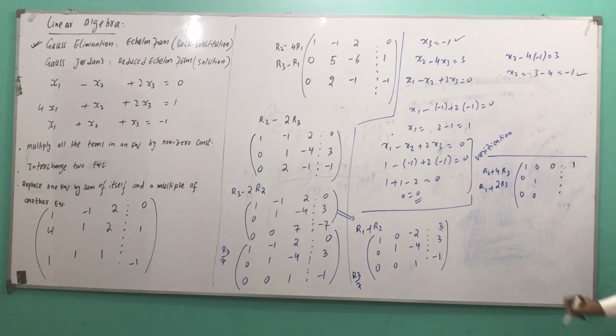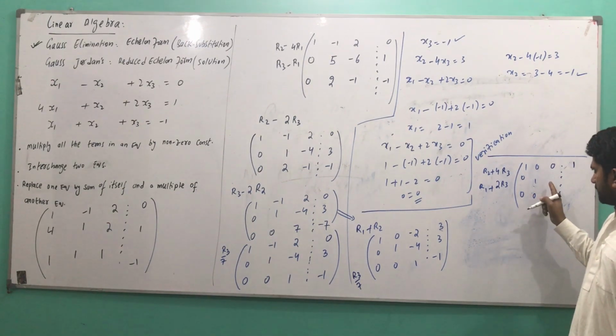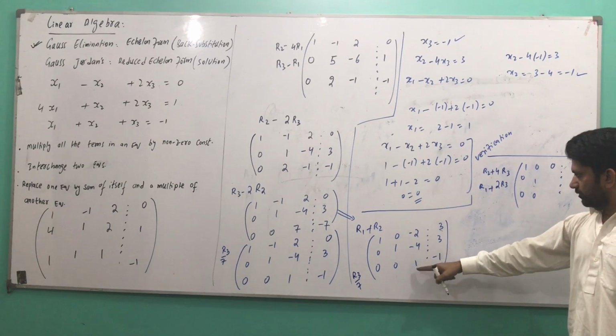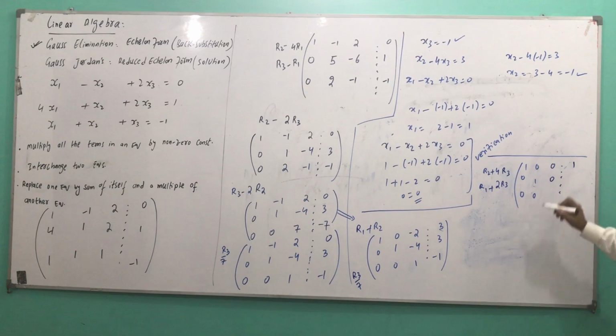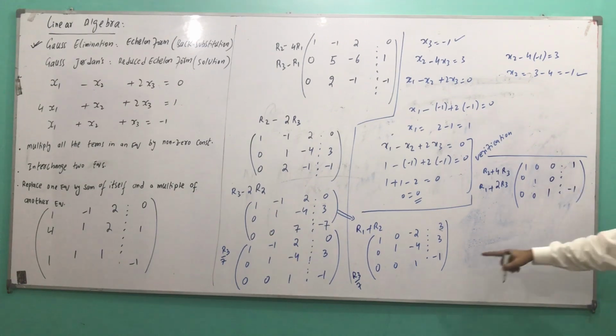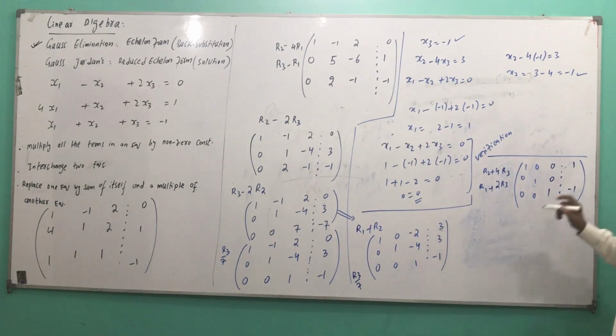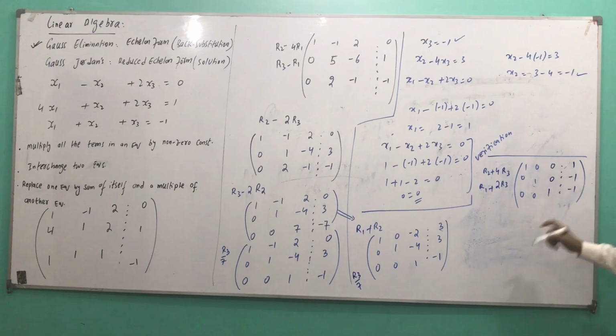And what about this? This is our R2. So 4 times R3 plus this, we have 0, and this is already 1, and this is minus 1. And you have multiplied by 4, and this will be minus 1, because minus 4 plus 3 is minus 1. So look at this.